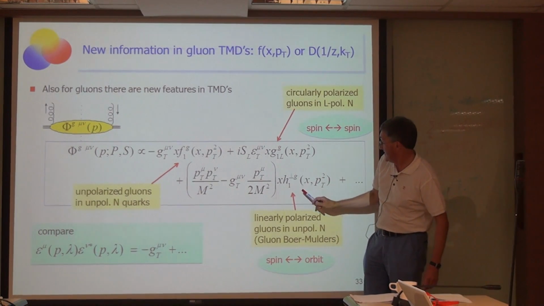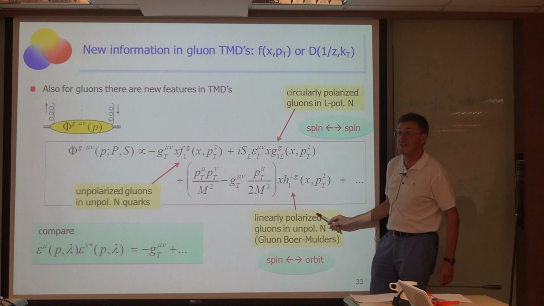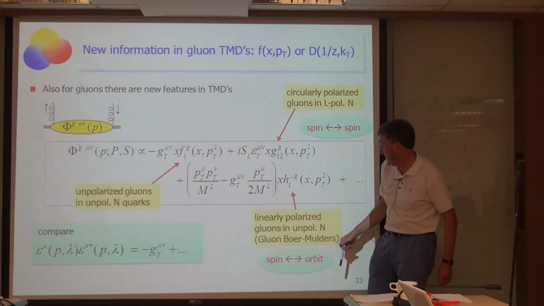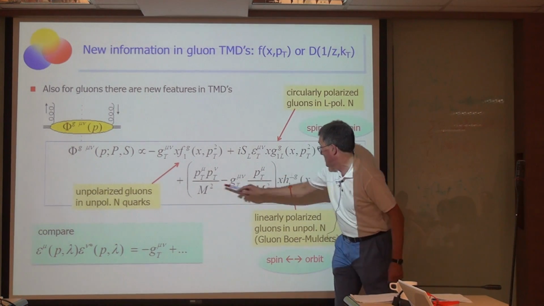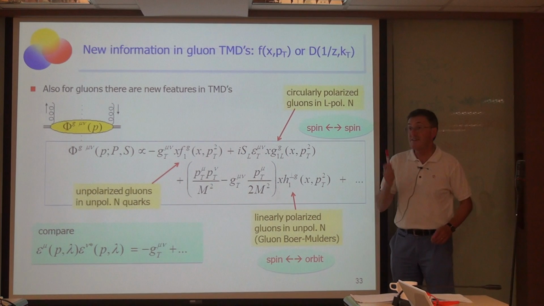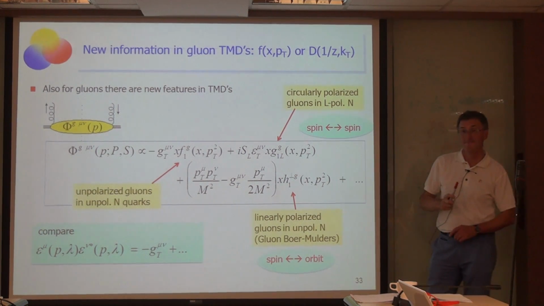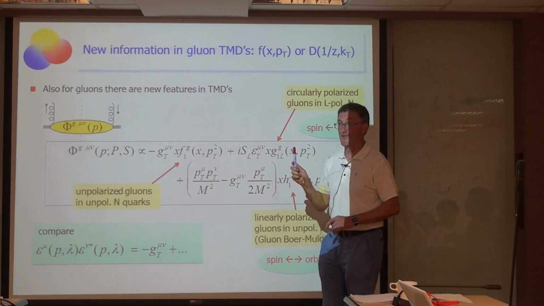This structure tells you that it's linearly polarized. You have to think about that a little bit, yeah. And then there is, let me see, there's nothing else, so it's unpolarized nucleons. So you can have linearly polarized gluons in an unpolarized nucleon.